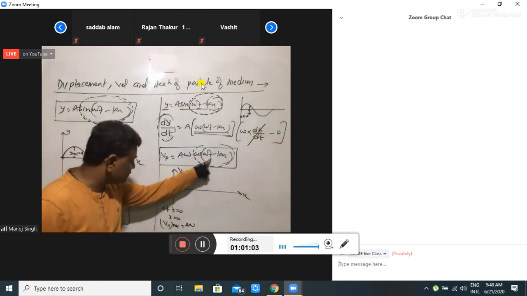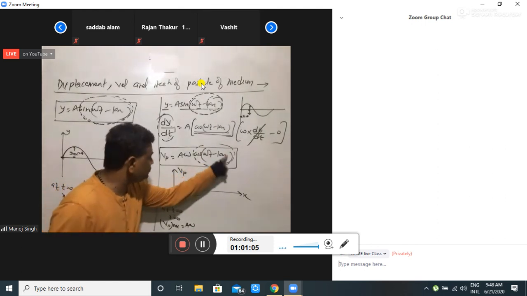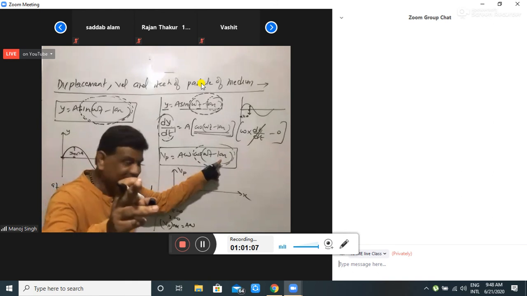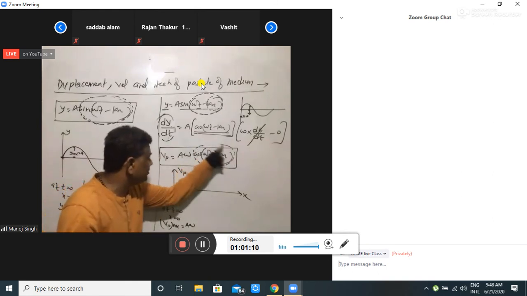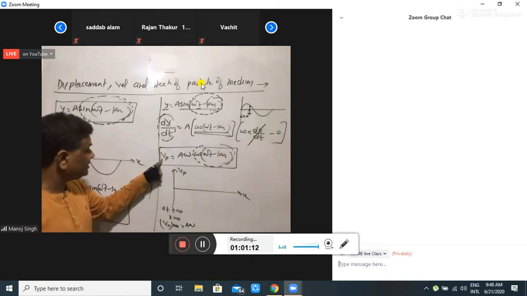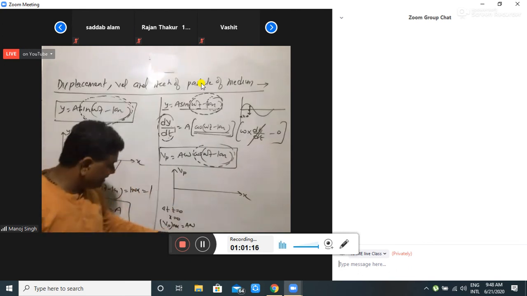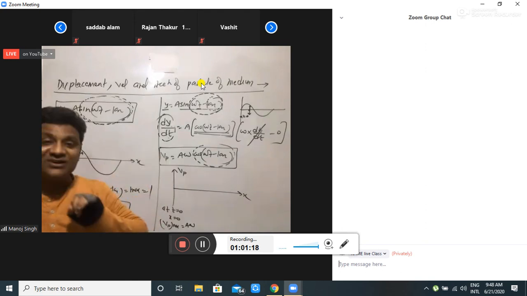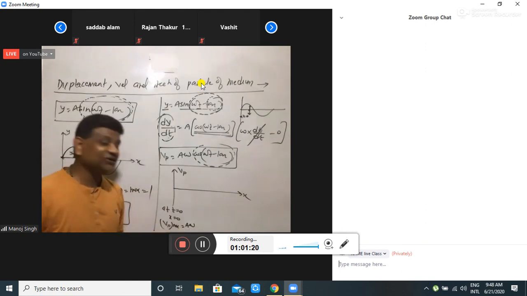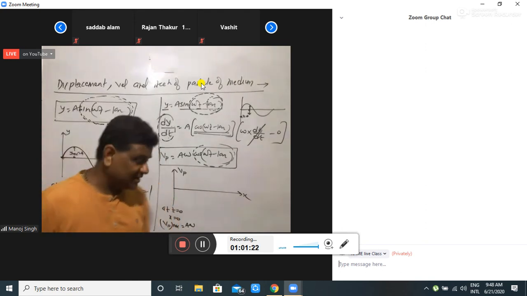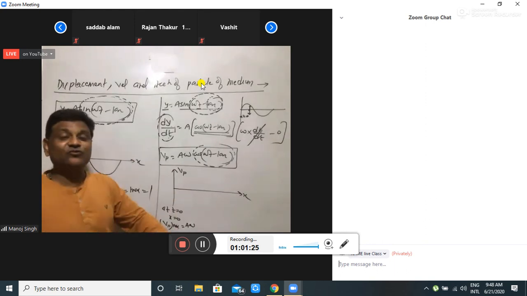So at time t equal to 0, x equal to 0, cos 0 is equal to 1, the maximum value, so Vp will be maximum, equal to a omega. This is the maximum velocity of the particle of the medium, a into omega. This is a very important relation to solve the numericals.